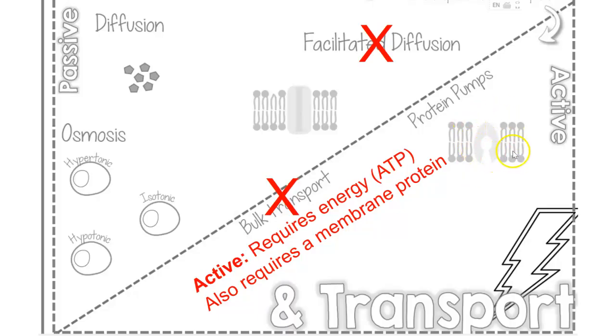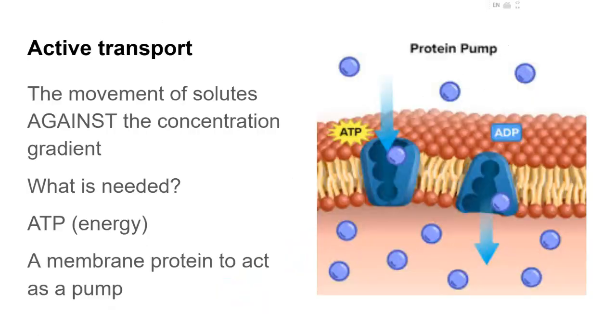Here we see a protein in the middle of our phospholipid bilayer. This protein is going to be able to work as a pump, but it needs ATP. So you need a protein and ATP.